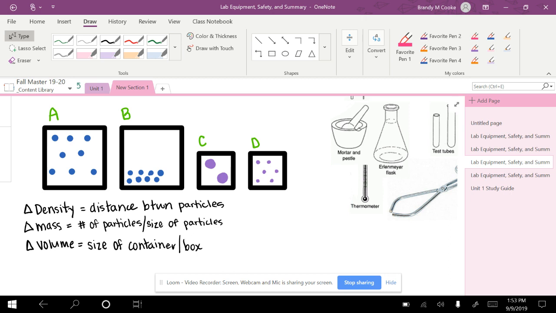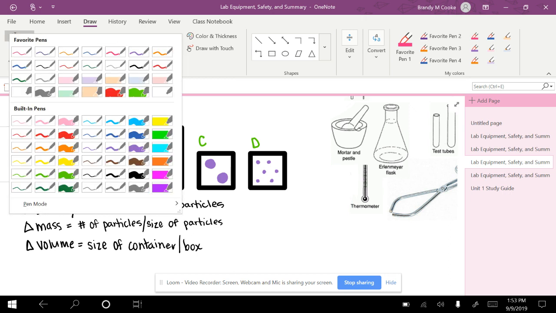For example, the first one here is a change in density. If I want to see a change in density, then I need to see a change in the distance between the particles. For example, if I'm looking at picture A, I can see that there are these blue dots. Those blue particles are some distance apart. And then if I move to box B, those same particles, the same quantity of particles, are now closer together.